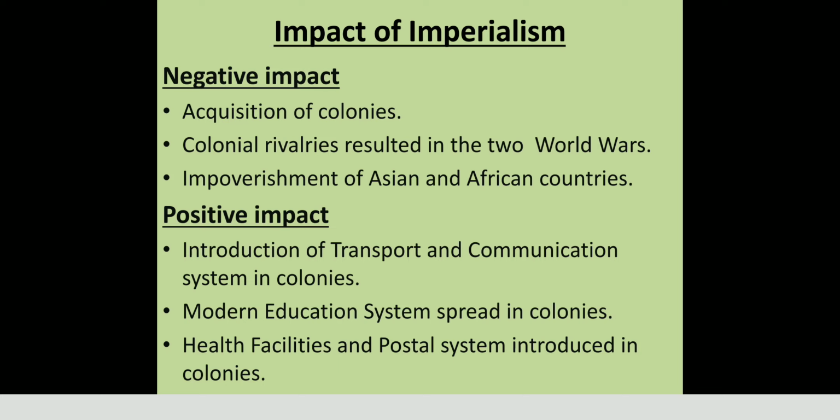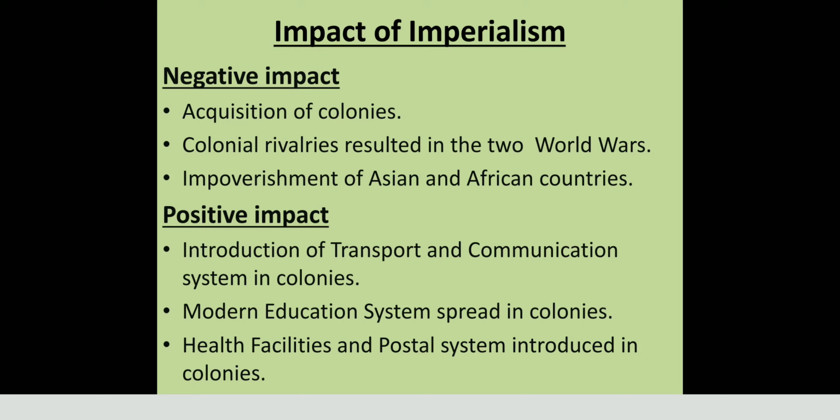We see that when these advanced, industrialized nations came into these non-industrialized, backward regions, they also introduced a system of transport and communication, so as to help themselves only, to facilitate goods being procured from here and taken to their own nation.